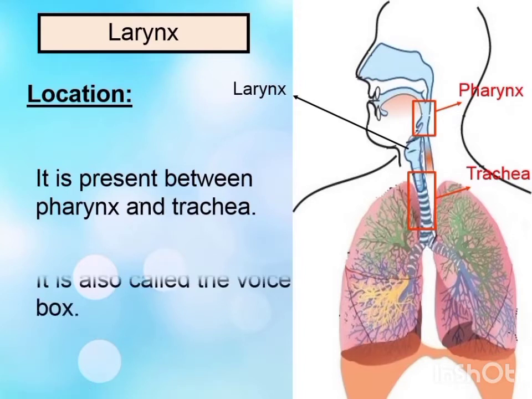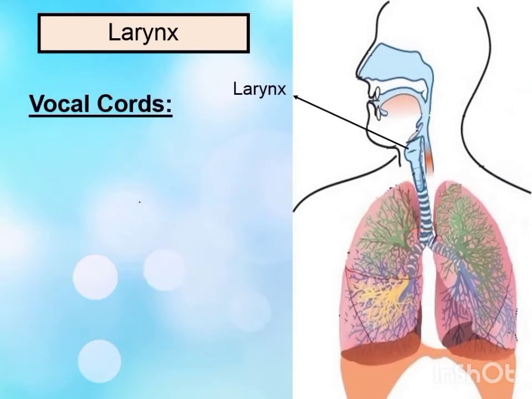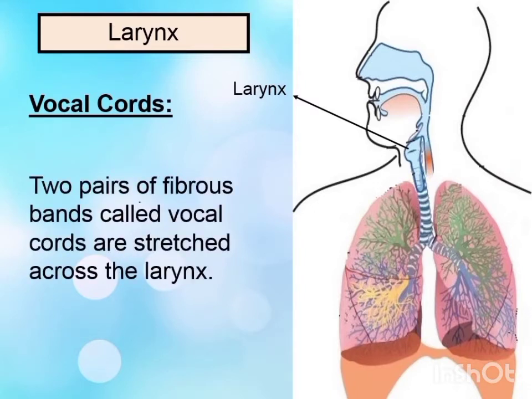It is also called as the voice box. The vocal cords are present in larynx. Two pairs of fibrous bands called vocal cords are stretched across the larynx.